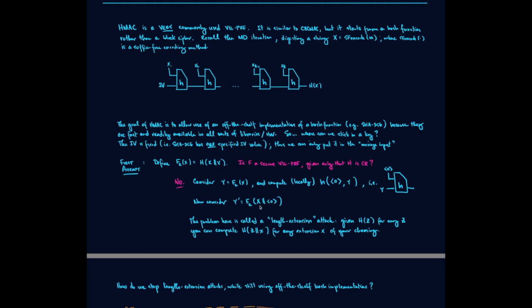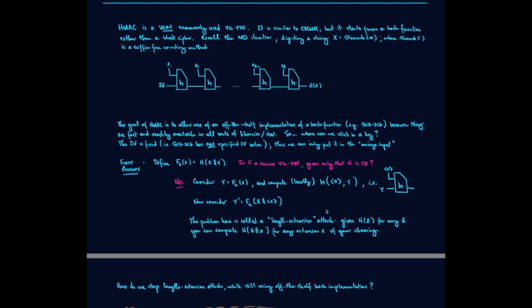Because I know that the output of this thing is going to be exactly this value, right? If I made this key all x's and then put a 0 at the end, what I'm going to get is y with 0 coming in, just like here. I know this value. So I can predict the output of this construction on this new input, x concat 0, given only the output of the construction on some previous thing, x.